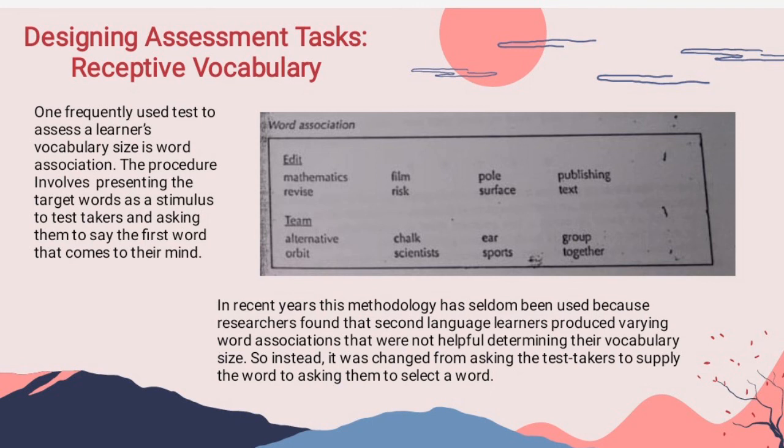But in recent years, this methodology has seldom been used because researchers found that second language learners produce varying word associations that were not helpful in determining their vocabulary size. So instead, it was changed from asking the test takers to supply the word to asking them to select a word.